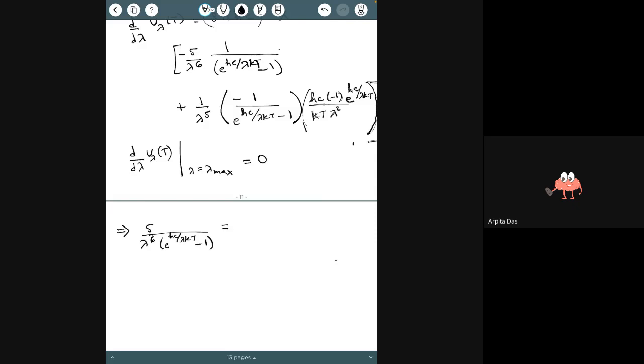This is equal to, so this is a positive term, there are two minus ones, 1 by lambda to the power 7, hc by kt, and I have e to the power hc by lambda kt on top, and e to the power hc by lambda kt minus 1. Oh sorry, there would be a square over here.